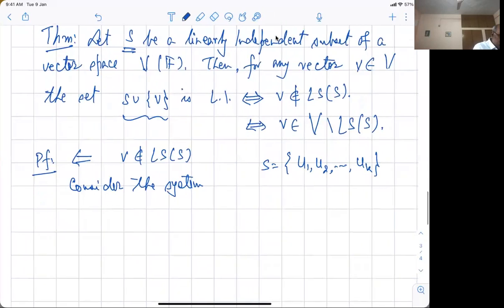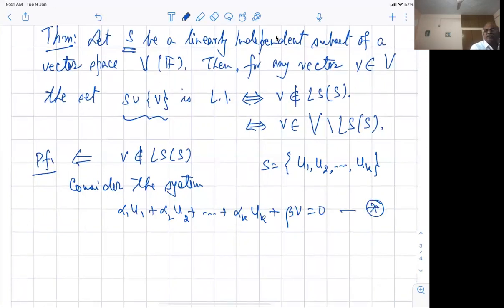Consider the system alpha 1 u1 plus alpha 2 u2 plus ... plus alpha k uk plus beta V is 0. I have to show that the only solution of this system, call it star, is 0, 0, ..., 0.